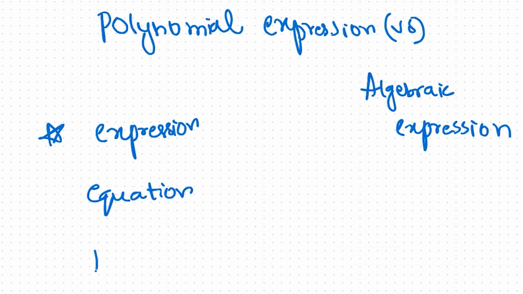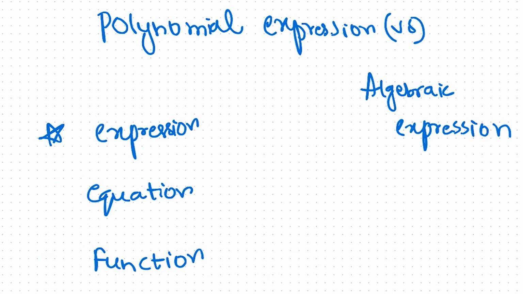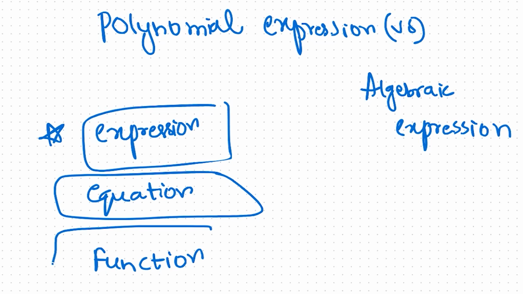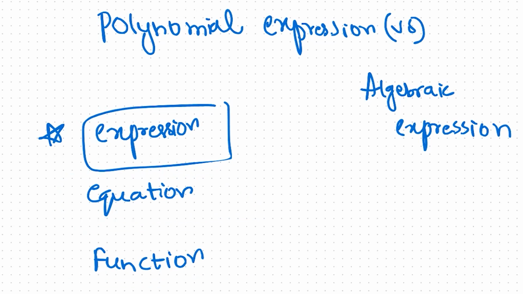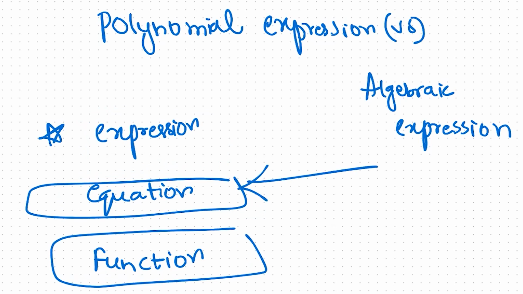When you are talking about radicals, there is a chapter for radical expression, radical equations, radical functions. So polynomial expression, polynomial equation, polynomial function. Just like linear equation, linear function, quadratic equation, quadratic function. These things will be repeated.